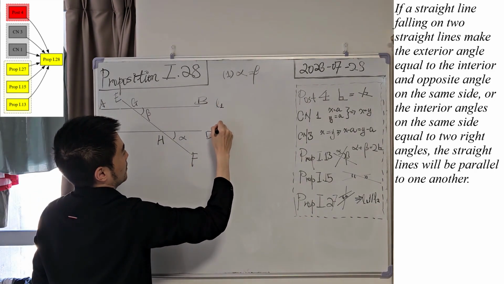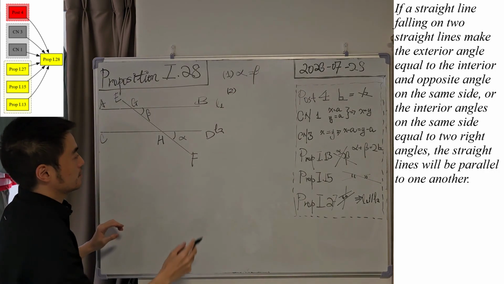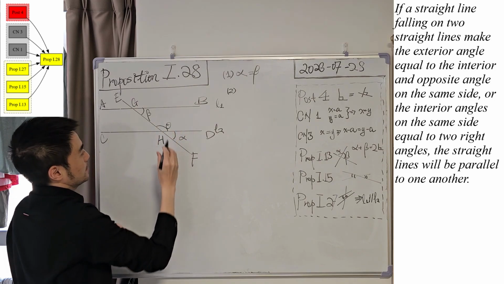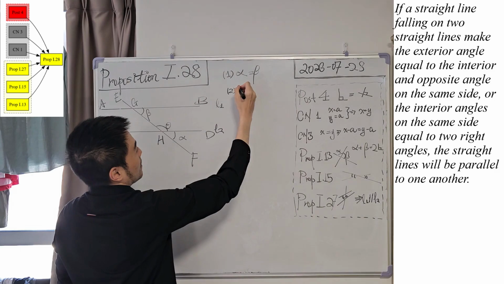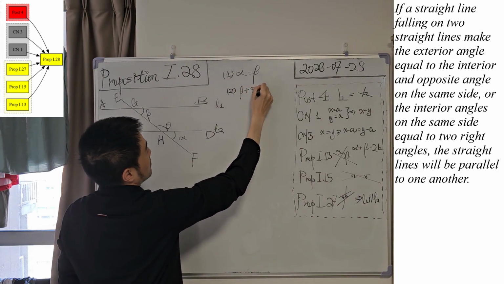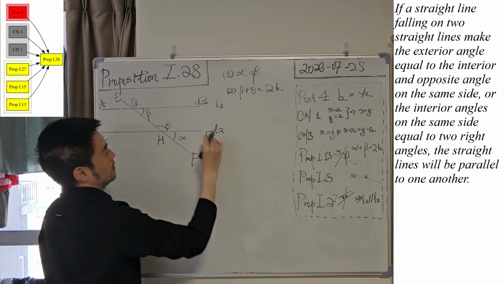Let's make it L1 and L2. Or it says if the interior angles from the same side have the sum equal to two right angles, then they are parallel.